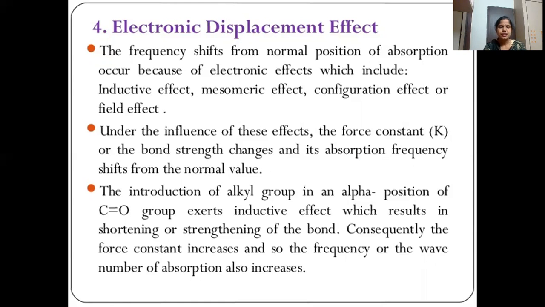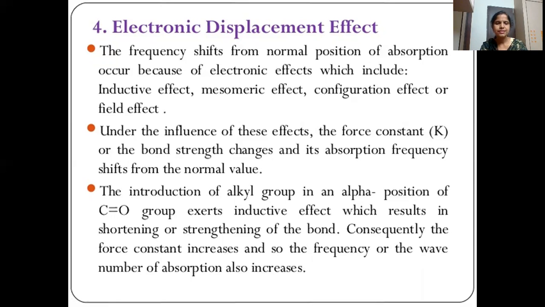Suppose we take an example of an alkyl group. Suppose an alkyl group is introduced at the alpha position of a carbonyl group. What happens? It exerts some inductive effect, which results in shortening or strengthening of the bond. Because it is giving electrons, the electrons flow towards the carbonyl carbon, and the C=O bond length will decrease.